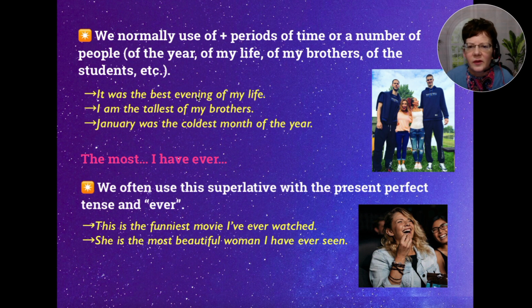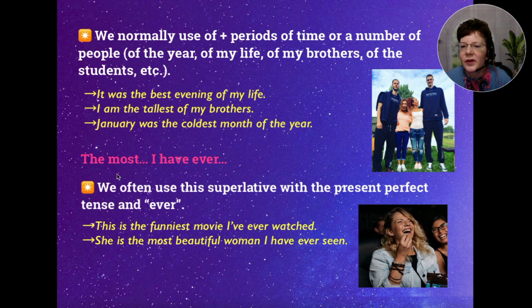So we're comparing this to all the other evenings of my life. Or we have I am the tallest of my brothers. It means comparing myself with my brothers, I would be the tallest. And then we have January was the coldest month of the year.